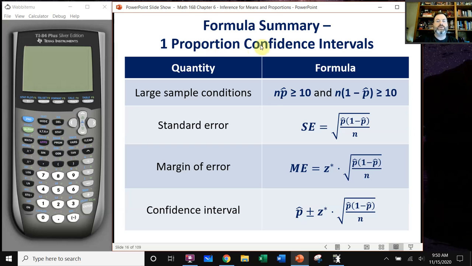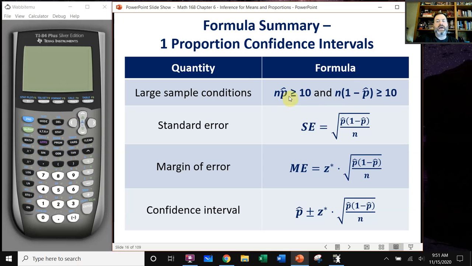Notice when we're doing confidence intervals, this looks really similar to our large sample condition that we just finished, except when you do confidence intervals, you don't know the population proportion, so you can't put p in the formula. Instead, you use an estimate for p. The best estimate we have for p is, of course, p hat, so we use p hat in all of the formulas. And that's how it works.